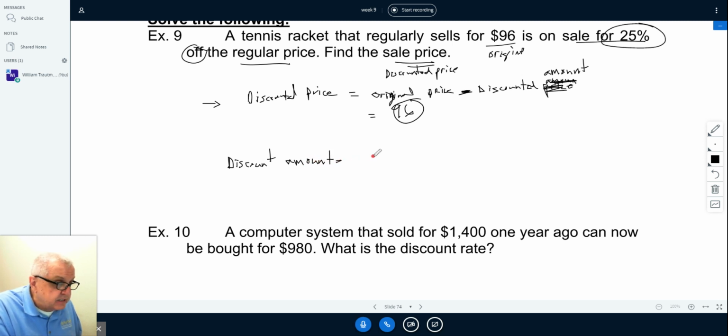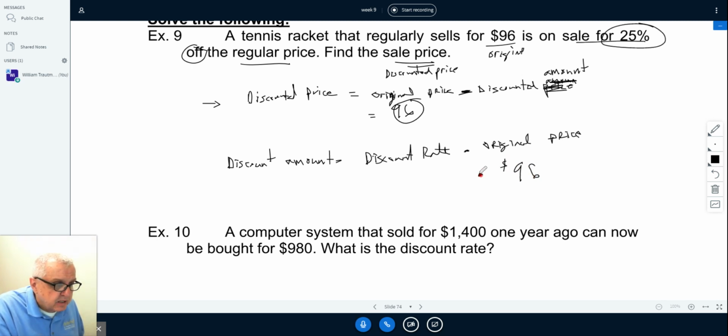Discount amount is the discount rate, and I'm getting this from the formula sheet, times the original price. We know the original price was $96. The discount rate was 25%.